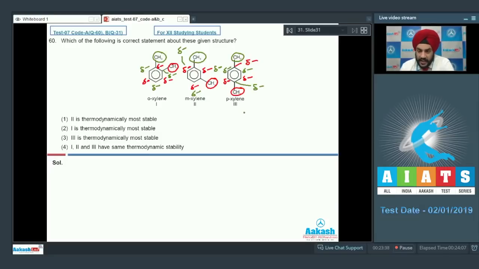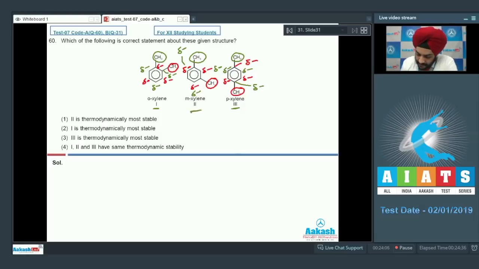If we look at all of these structures very carefully, we can see that the red CH3 creates a delta negative at the position where the green CH3 is present in the first structure as well as the third structure, and vice versa. It is only the second structure in which none of these two labeled methyl groups create a delta negative at the position where the other CH3 is present.